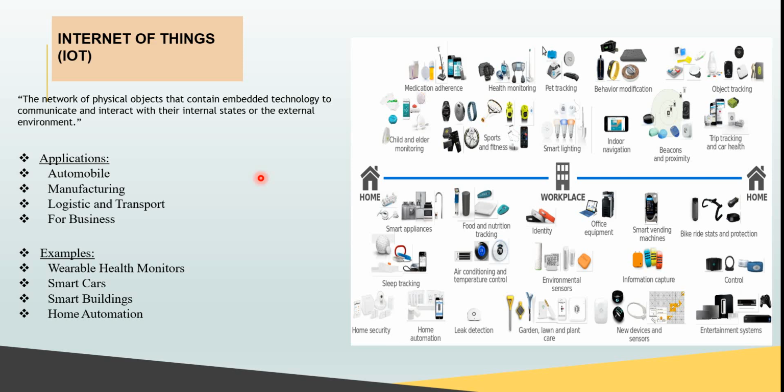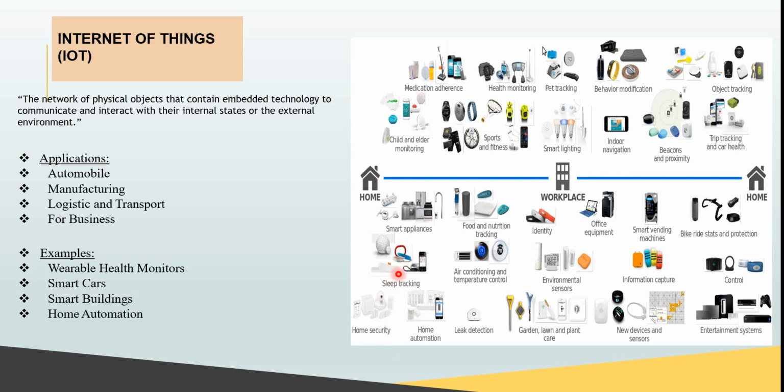There are many applications, in the home, workplace, and elsewhere: medication adherence, child and elder monitoring, sports and fitness, health monitoring devices, pet tracking devices, behavior modification, object tracking, trip tracking and car health, beacons and proximity, indoor navigation, office equipment, identity, food and nutrition tracking, smart appliances, sleep tracking.